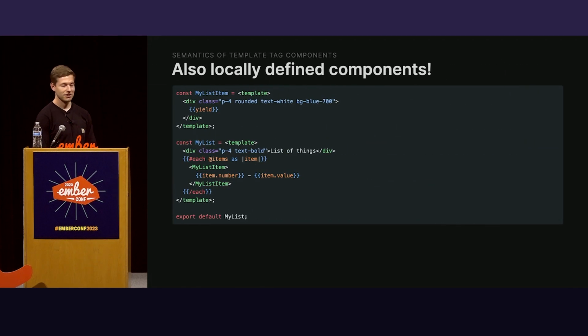Also, a big change is that besides constants, helpers, and modifiers, you can also declare multiple components in a single file. Because ultimately, a GJS file is just a JavaScript module. So you can declare multiple components and use them within the same component.